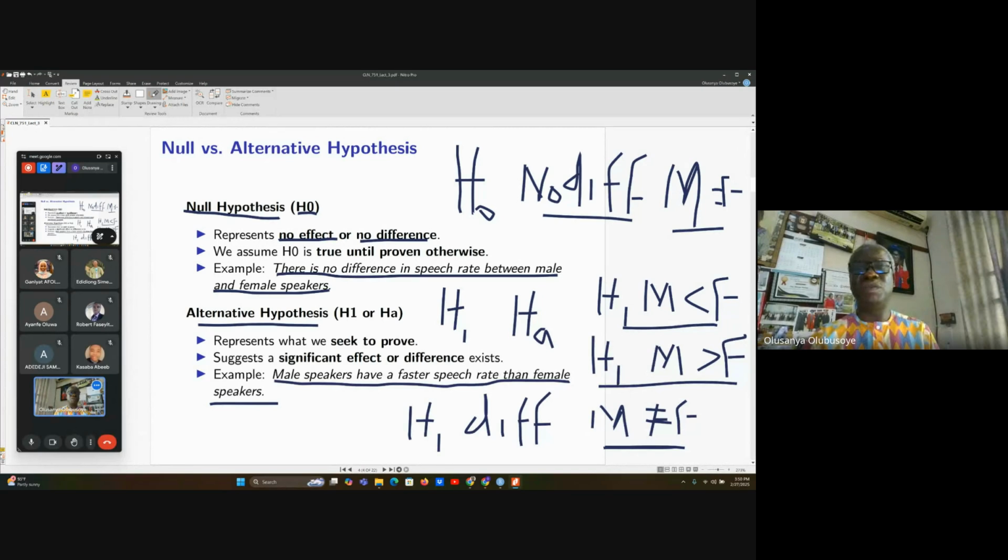But the point we want to make here is that in these two, we can see direction. Male is less than female. In the second one, male is greater than female. So we have directions. But in this third one, it's only saying there is a difference, but it doesn't show the direction, whether male is greater or less.